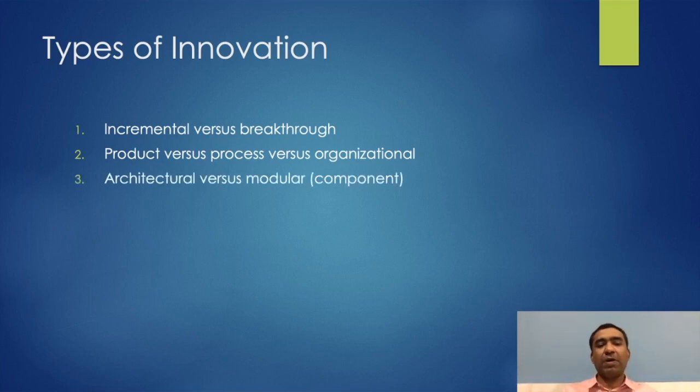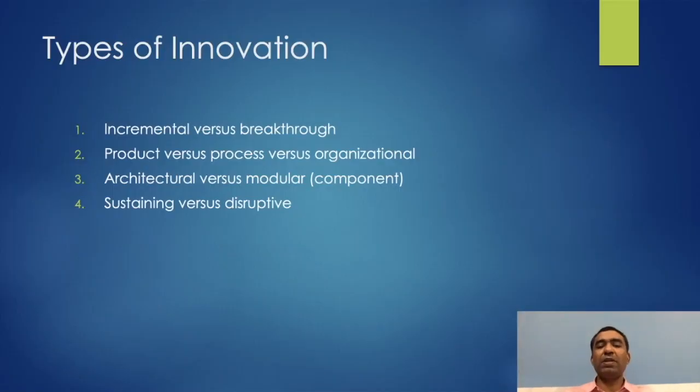Similarly, we can consider product versus process versus organizational. Then we have architectural versus modular. Okay, we have sustained versus disruptive innovation. All these innovation types are very important. Now I have introduced the first innovation type, which is incremental versus breakthrough, or incremental versus radical.